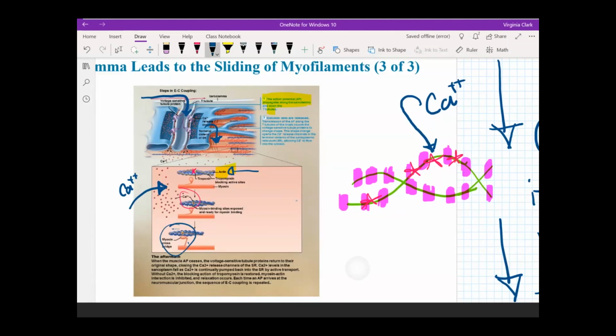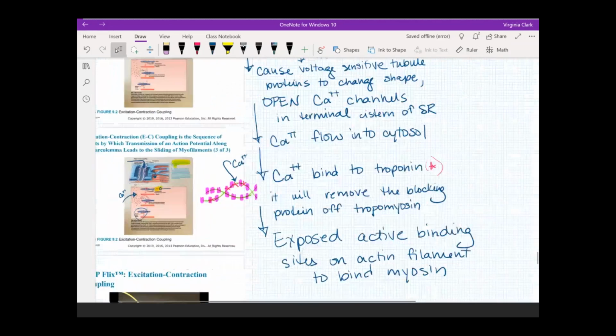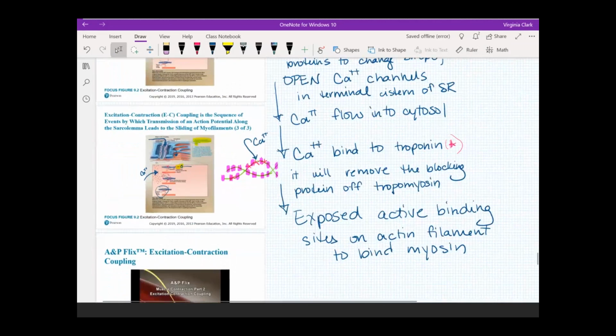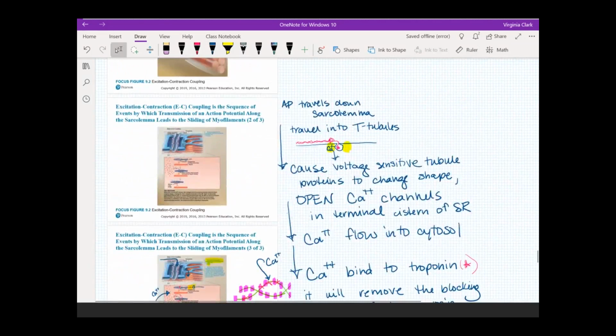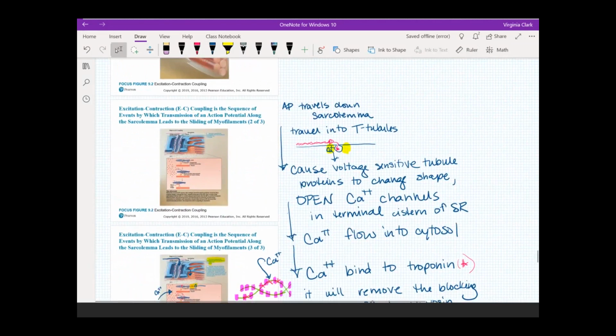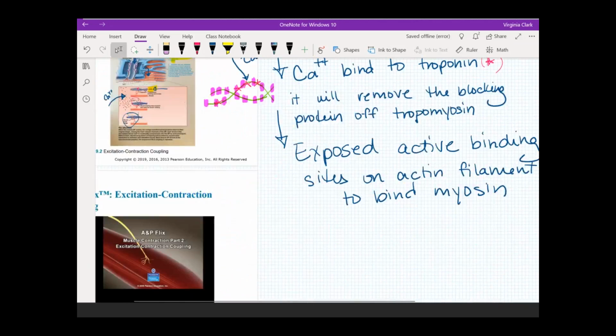So in Mastering A&P, there's actually a couple images of this that are really cool to help show what's going on. And then this video right here in the PowerPoints that are posted is also great to watch. But what we've done is we've had the action potential travel down the sarcolemma. It's opened calcium channels. Calcium has flowed into the cell. Once it's in there, it binds to troponin.